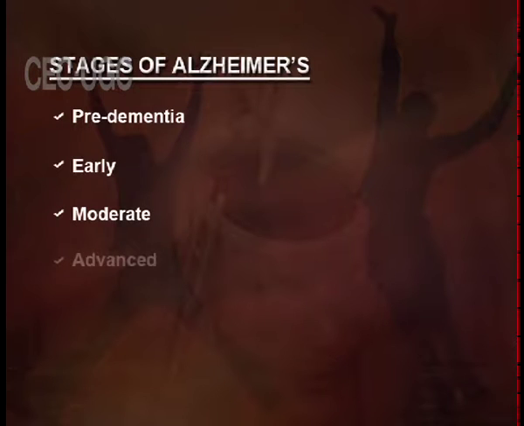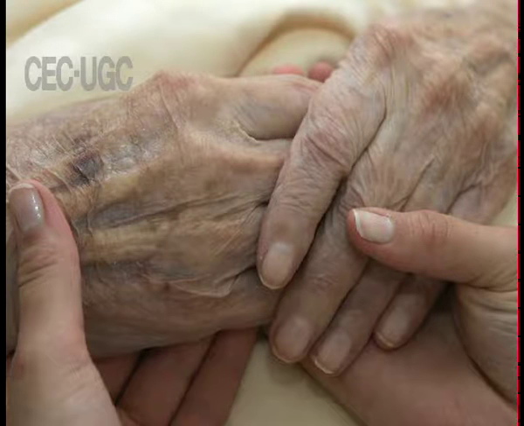The last stage is called the advanced stage of dementia. This is the final stage of Alzheimer's disease, and the patient is in such a state where he is completely dependent on the caregiver. The speech of the patient is reduced to monosyllables. There is exhaustion set in from all sides.